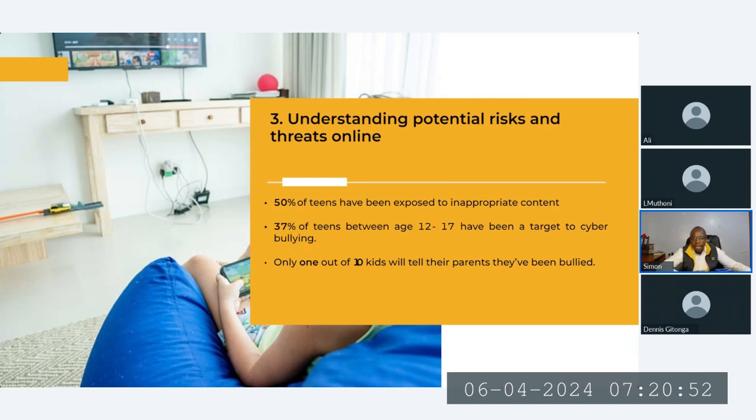Remember, we said that the well-being of the kid is what we put as a priority in making decisions in life. So if these kids are being bullied and they're not speaking to their parents, how are they coping with this level of stress? That is why we are seeing a lot of problems in teenagers, because they are handling a lot of pressure, mostly not physical, that their parents are not aware of.